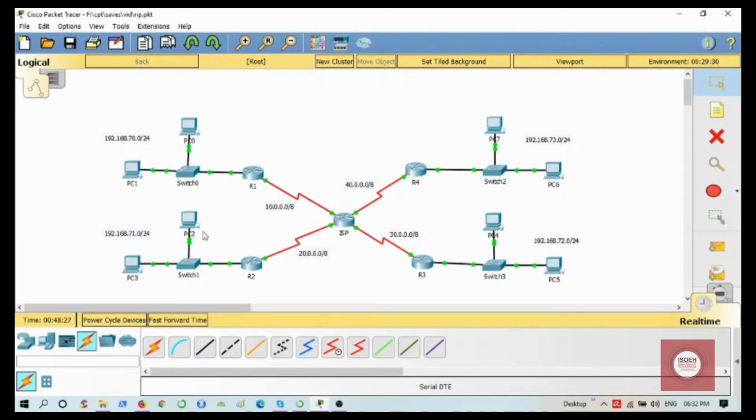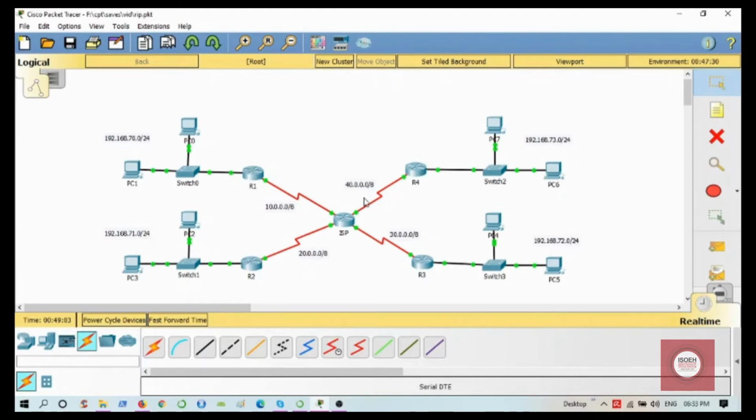Router R2 is connected to this LAN represented by this range of IP addresses 192.168.71.0, and it is also connected to this network represented by 20.0.0.0, and so on for this router R3, 192.168.72.0, its LAN IP range, and it is also connected to this 30.0.0.0 network.